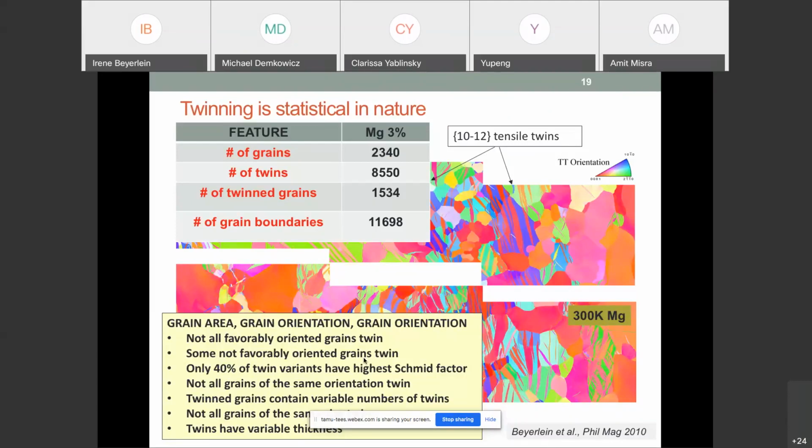Okay, sorry, I'm back. So here is this. These results that we found were just manifestations that tell us that we cannot view it in a deterministic way, because where and when twins happen and what variants they select are far from what we would predict if we were to say that there was a particular time, a particular place, a particular grain in which twins would happen.